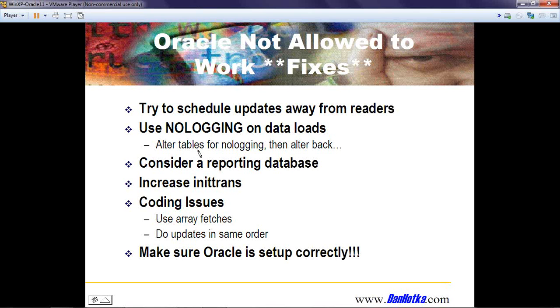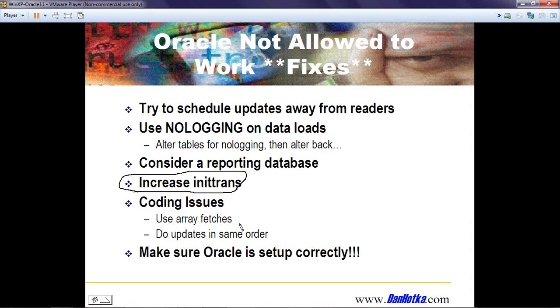If you've got locking going on because you're doing direct path loading, you're getting those types of issues. You need to schedule the updaters away from the readers. Consider a reporting database. If you get a lot of init-trans type blocks, you can alter the init-trans, and this problem will take care of itself in a couple of days.